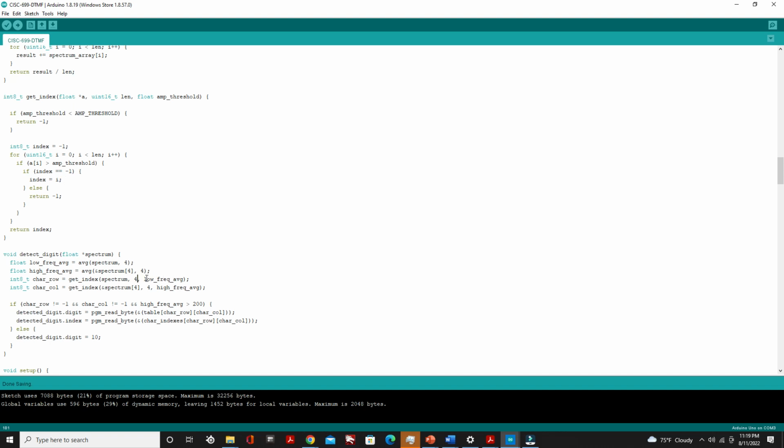The amplitude threshold of the lower and higher components are computed using these two lines.